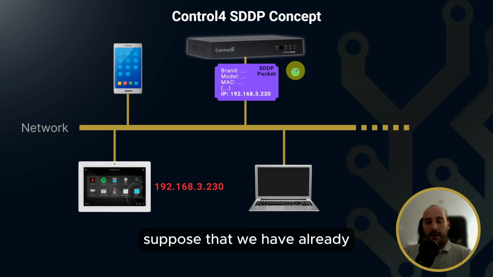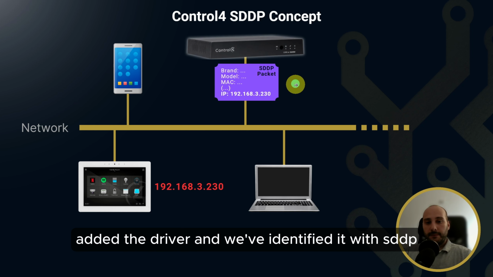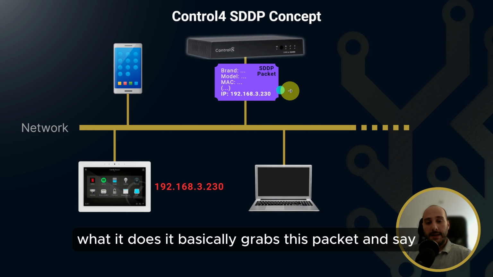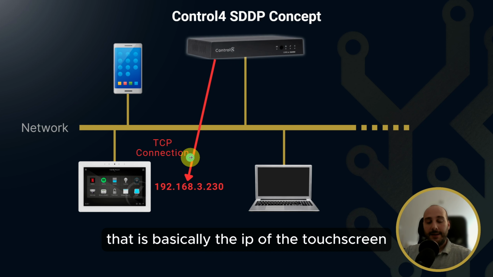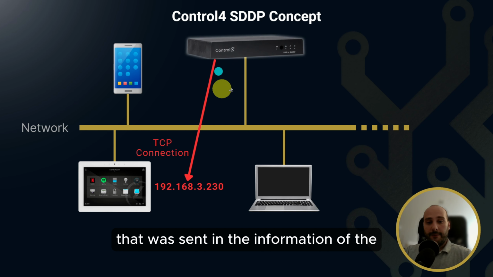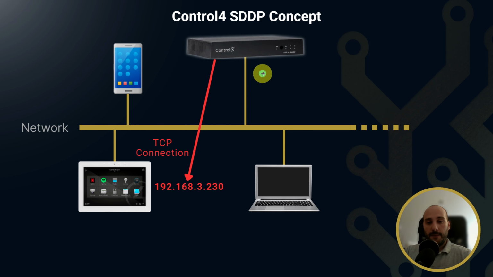Suppose that we have already added the driver and we identified it with SDDP. What it does is grab this packet and say, okay, I need to make a TCP connection to this IP, that is basically the IP of the touchscreen that was sending the information of the multicast packets.